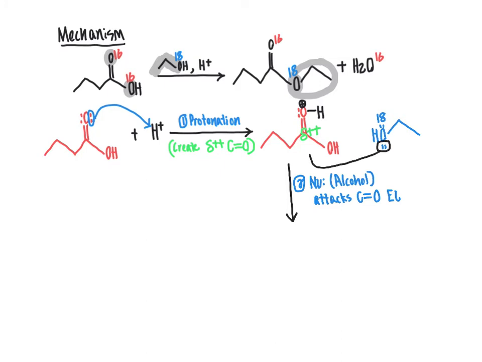Oxygen lone pair comes over, attacks here at the carbonyl carbon. That forces the electrons from that pi bond up onto the oxygen, and we'll go ahead and draw out the product that results from that step. Like so, lone pairs on our oxygen there, lone pairs on our hydroxy group here as well.